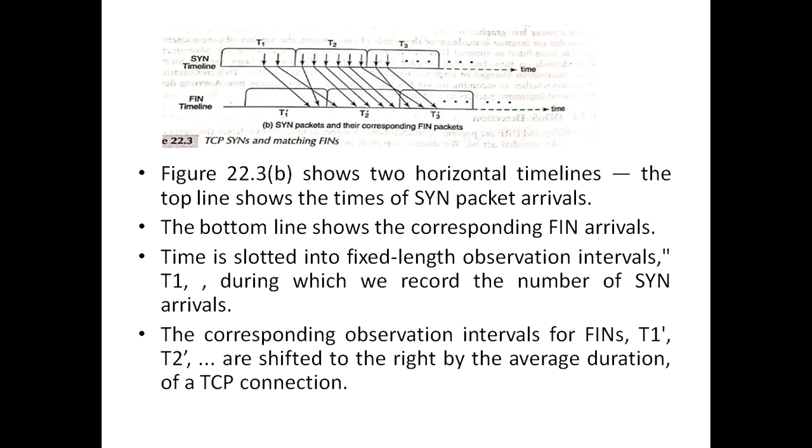The corresponding observation intervals for FINs, T1 dash, T2 dash, are shifted to the right by the average duration of a TCP connection. So T1, T2, T3 are the SYN packet arrival durations, whereas T1 dash, T2 dash, T3 dash are the FIN packet arrivals of a TCP connection, shifted to the right by the average duration.